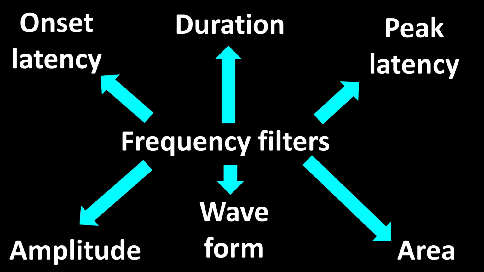I am showing you this frame at this point to remind you that removing or allowing waves with different frequencies to contribute to the ultimate wave displayed in a monitor produces changes in multiple elements of a potential, such as onset latency, duration, peak latency, amplitude, waveform, and area.